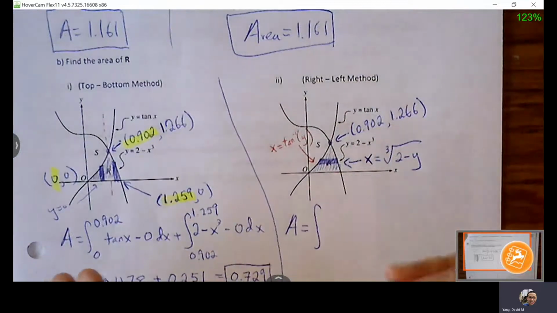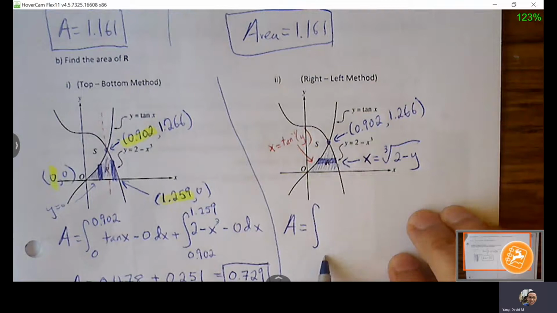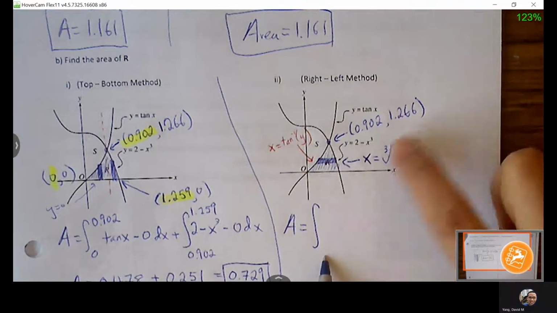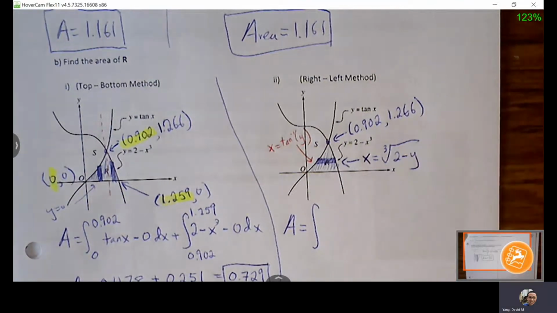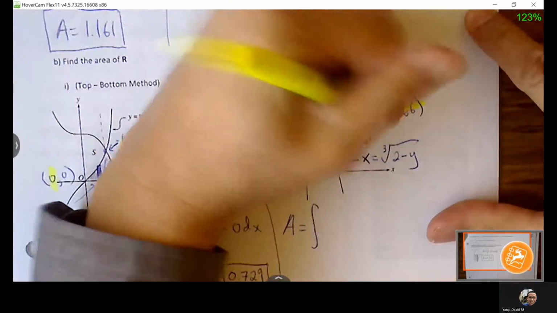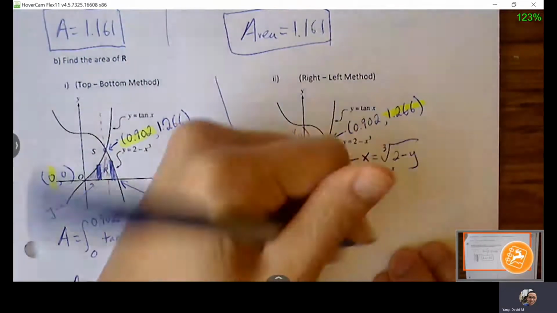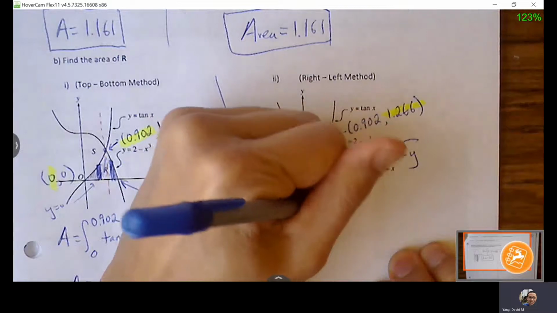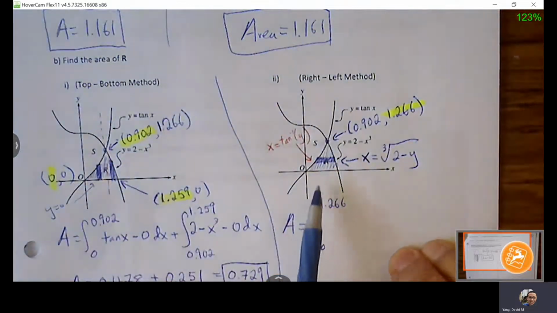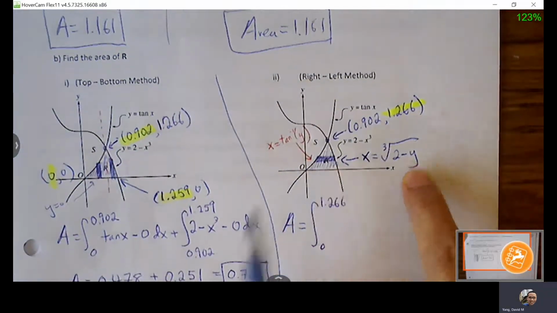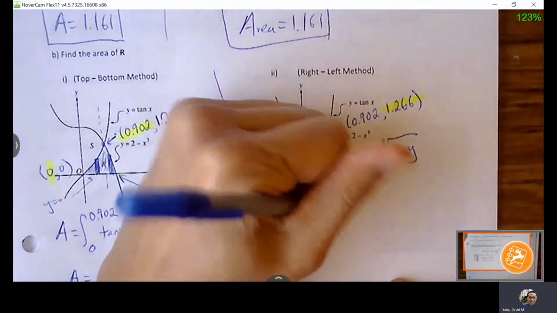Okay, we're stacking these rectangles from bottom to top in terms of y values. So what are my bounds going to be? Yep, 0 to 1.266. Right minus left. Right endpoint is the cube root of 2 minus y.